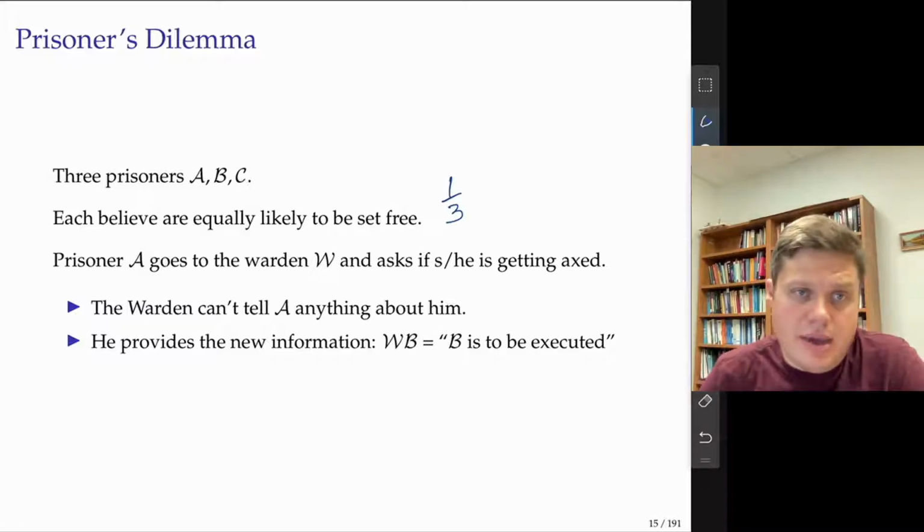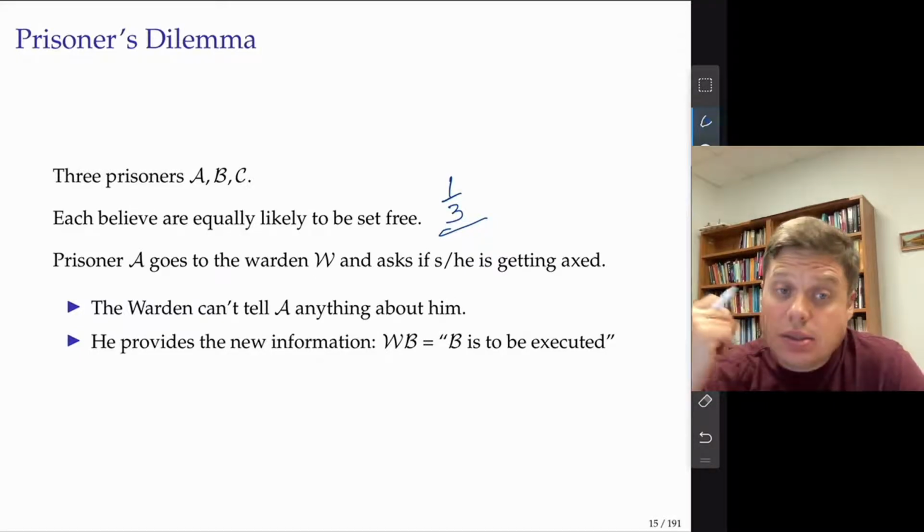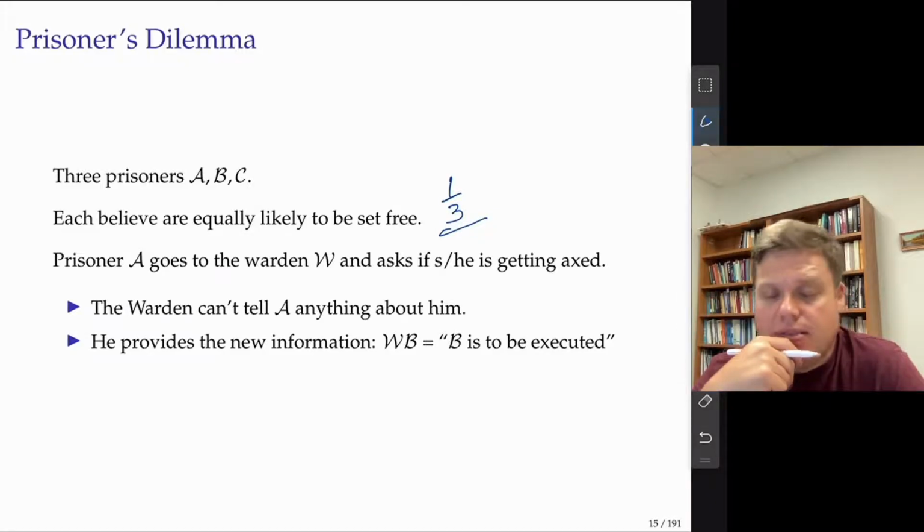Let's say the mayor just pardoned one of them, and they don't know who got pardoned, so they make this prior assumption, 1/3. But prisoner A goes to the warden W and asks if he or she is getting executed. The warden cannot tell A anything about him, and the warden gives the following piece of information: B is to be executed.